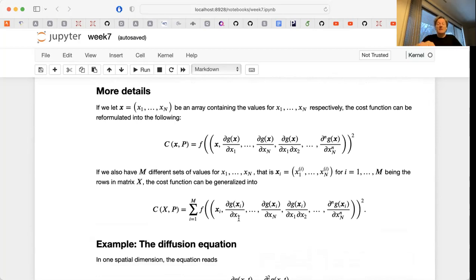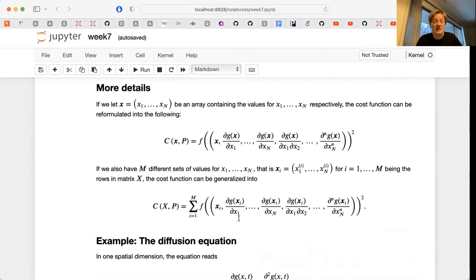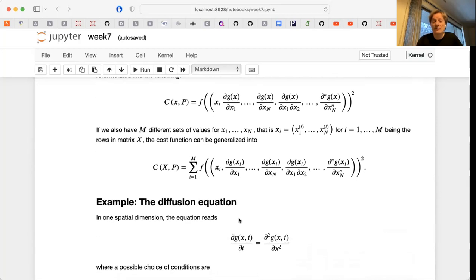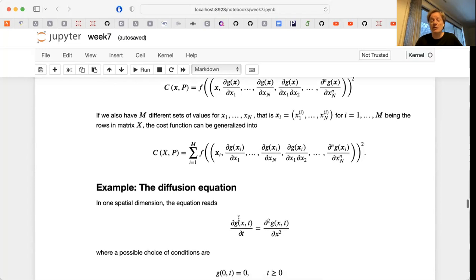And the details which follow in the slides here are related to the solution of the diffusion equation. But the basic principle when you're solving differential equations with neural networks is that you take the difference between the left-hand side and the right-hand side of your differential equation, given a certain trial function, which contains your initial and boundary conditions, and the neural network, which is then the part of the solution which is going to find the optimal way to represent the wave function.